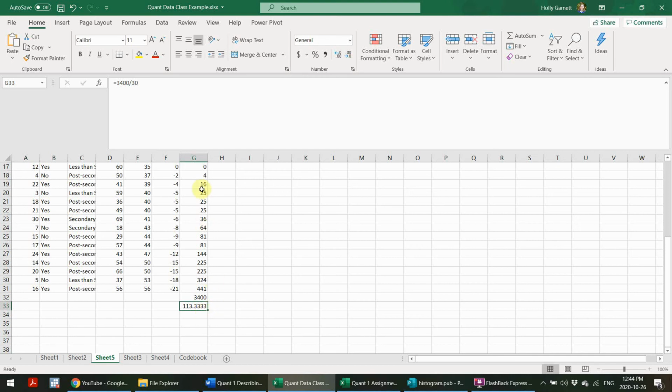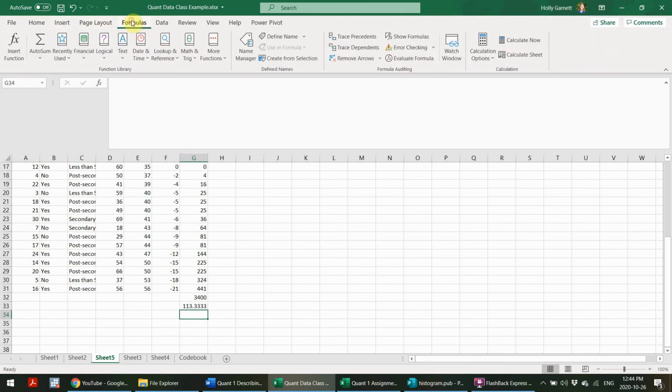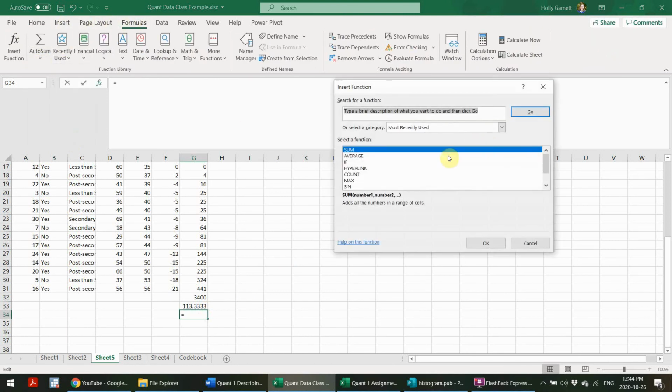And now we're going to take the square root, because remember we squared over here to get rid of all these little negative signs. So we have to take the square root again. I'm not even sure if I can take the square root on here. I'm sure there must be a function for square root. Formulas, more functions.